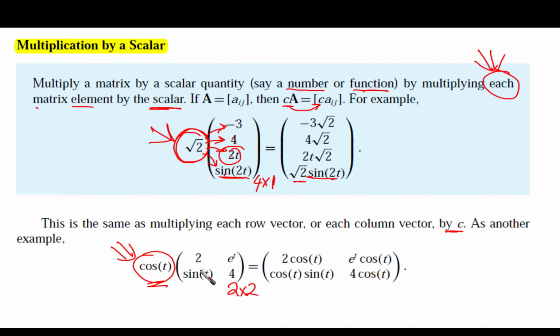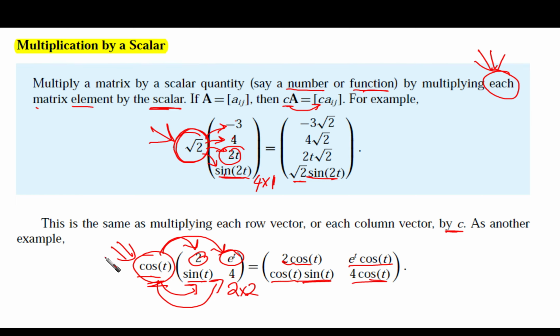Then we are going to multiply this cosine into each of the elements of this matrix. So here it is 2 times cosine t, 2 cosine t. Here e to the power t, it is e to the power t cosine t, and then sine cosine, this is cosine sine here, and this is 4 cosine t.